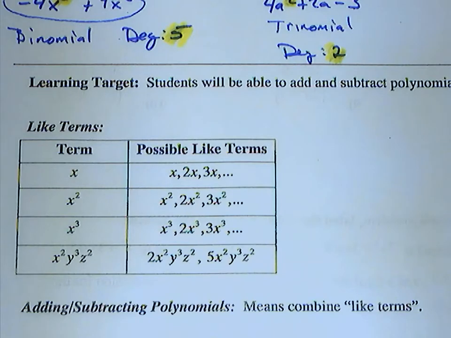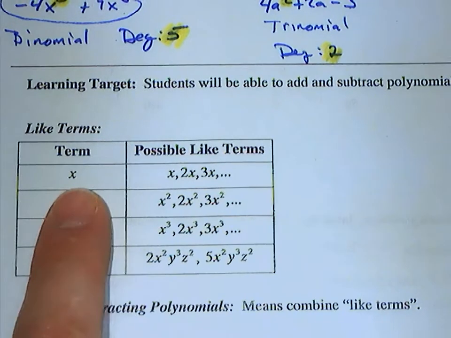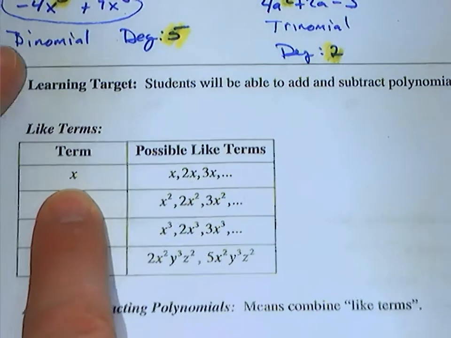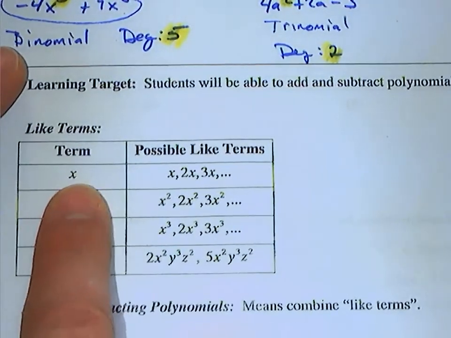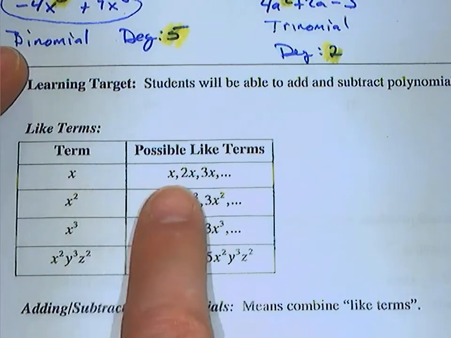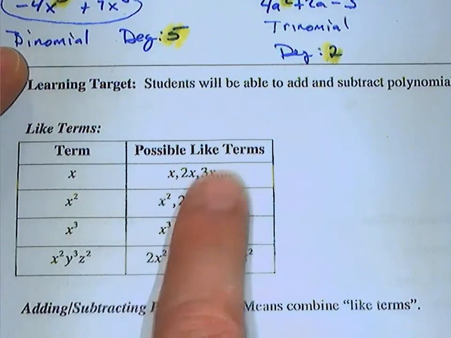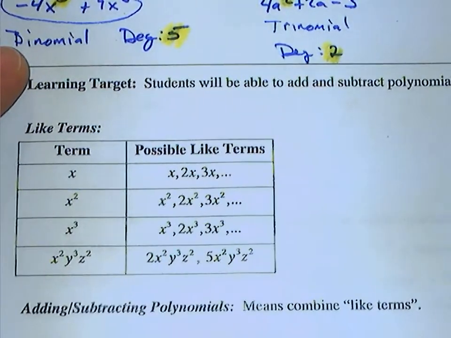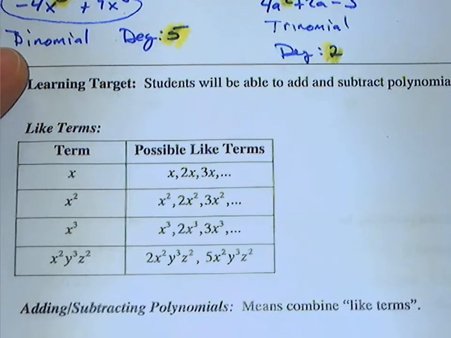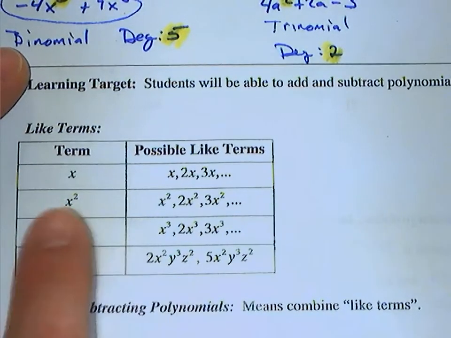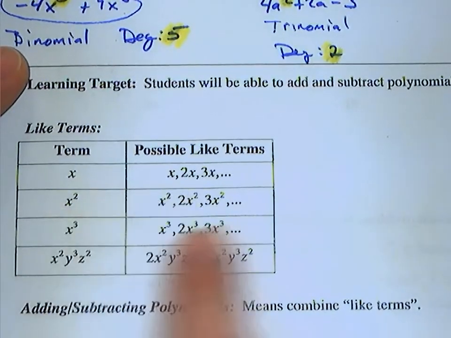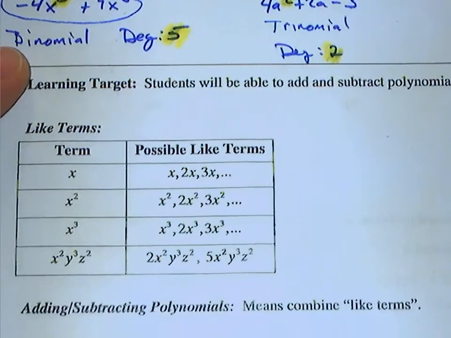Okay, so like terms, what do I mean? First off, the variables are the same. Okay, so in this case, x. So possible like terms are x, 2x, 3x, 4x, 5x, negative 2x, negative 3x. If I have an x squared, then like terms would be x squared, 2x squared, 3x squared, negative 4x squared, negative 5x squared, what have you.